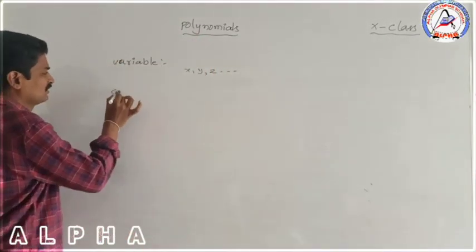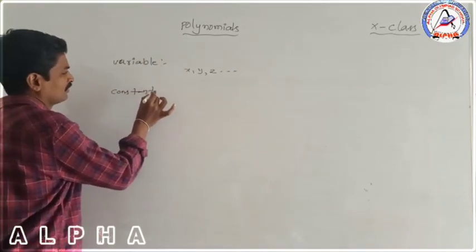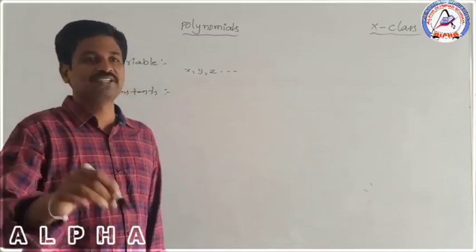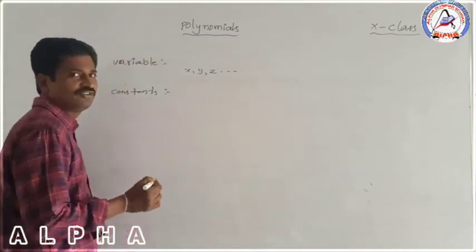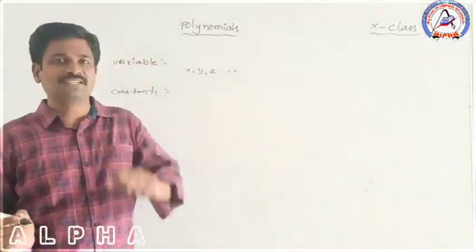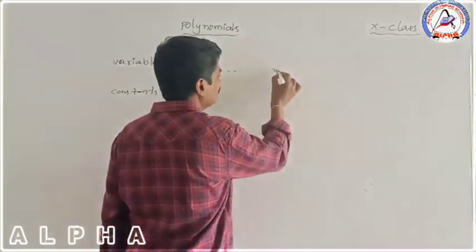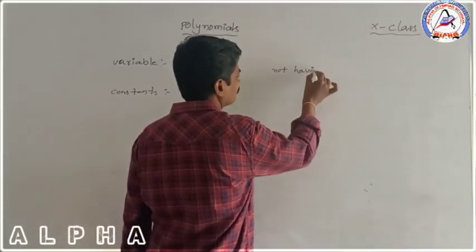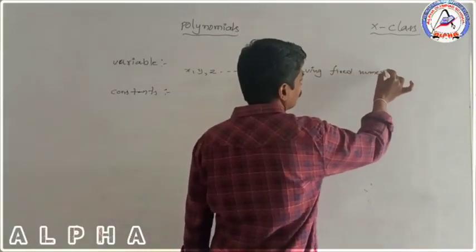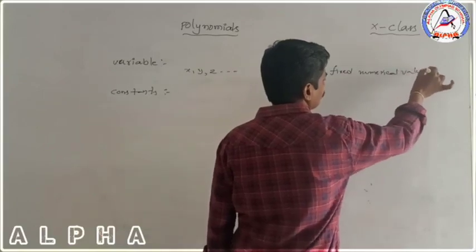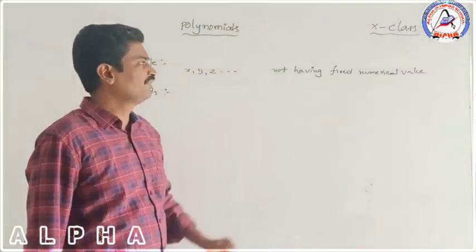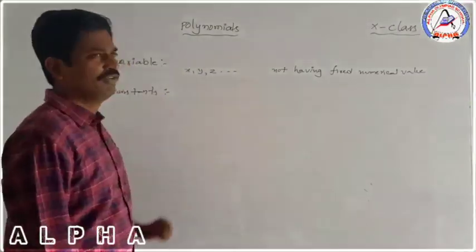Next, constants. Constants are symbols which have a fixed numerical value. Variable means the symbol which does not have a fixed numerical value is called a variable.